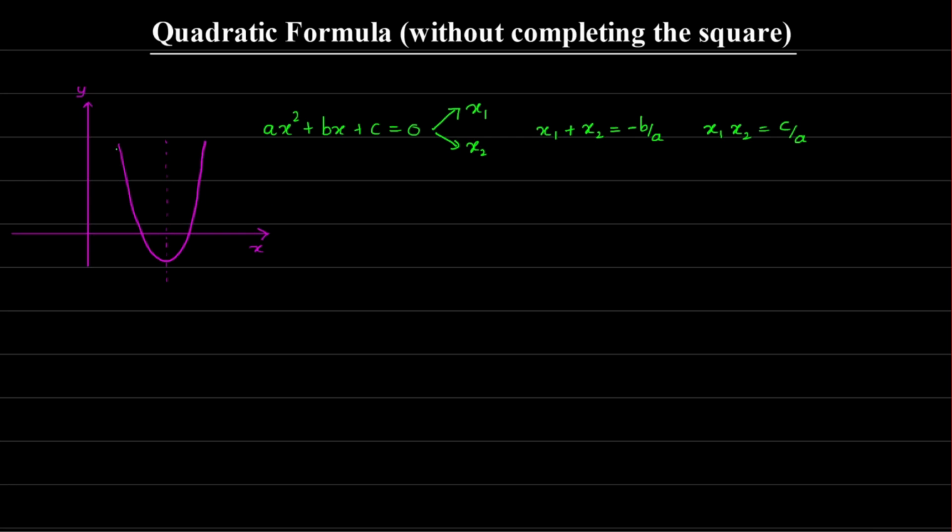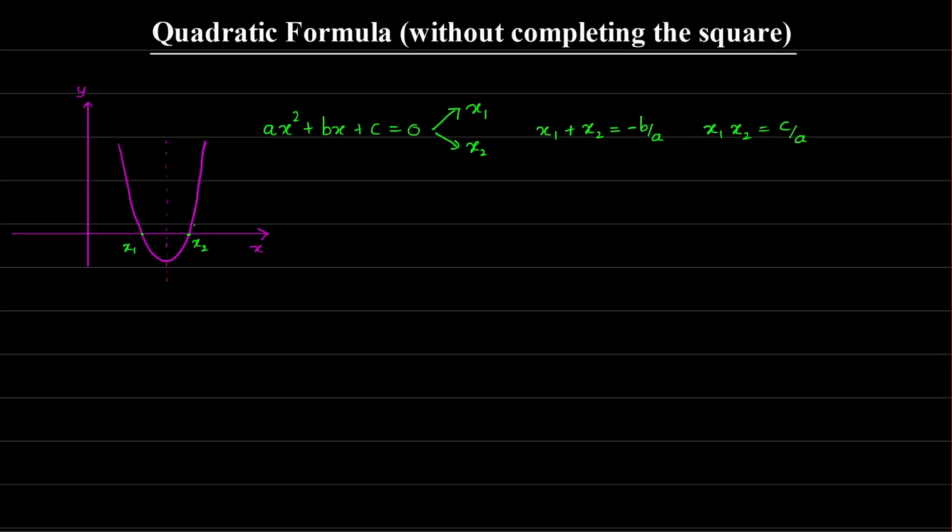Next, let us consider a quadratic curve. Solving the quadratic equation basically means finding the x coordinates of the points at which y is equal to 0. That is this point and this point. Let us call the x coordinates of these points x1 and x2, since those are the solutions of the quadratic equation.